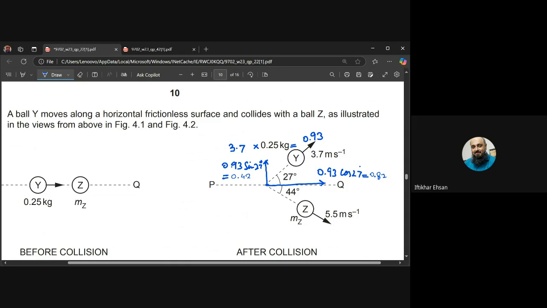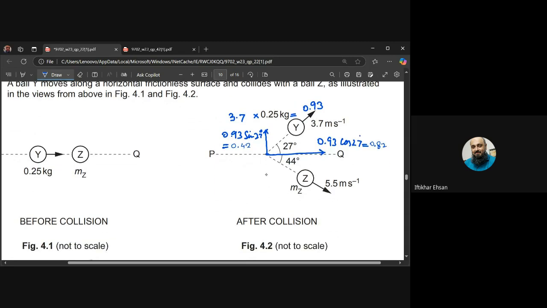Okay, now for the Z object, it has this mass and this velocity. So mass times velocity, its momentum will be 5.5 mz.